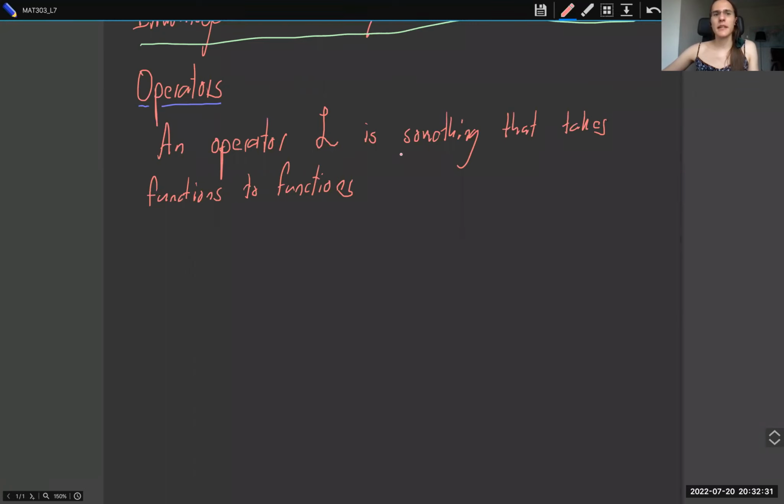But operators are also discussed in linear algebra. What is an operator? An operator is just a linear transformation from a vector space to itself. But in this case, we're going to think about the vector space of functions. So it's something that takes functions to functions and is linear. So we're going to consider operators on function spaces.